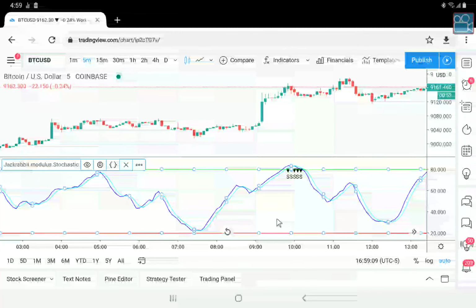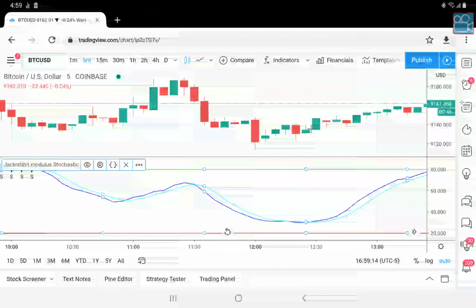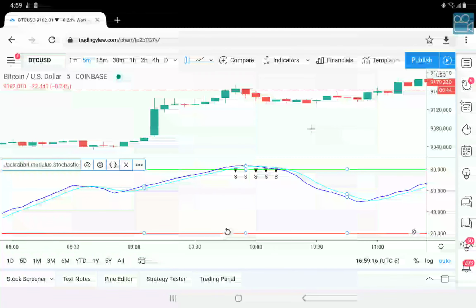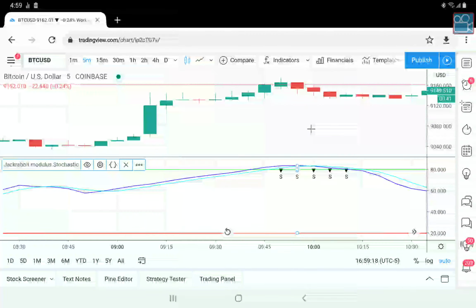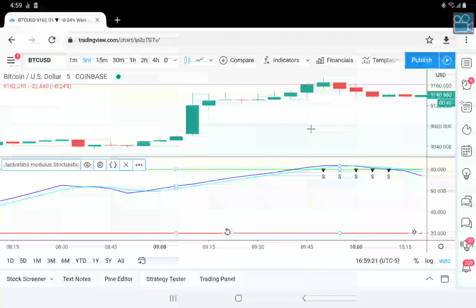So let's zoom in here. Normally you would use this when you couple it with another indicator. For example, Bollinger bands. A common technique is to use Bollinger bands at the same time as stochastic, where stochastic replaces the RSI.